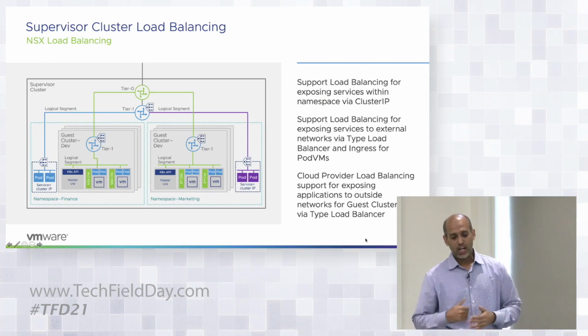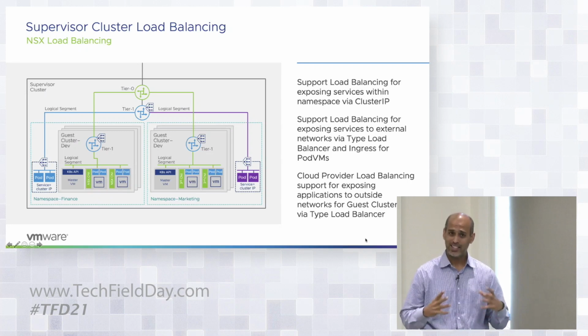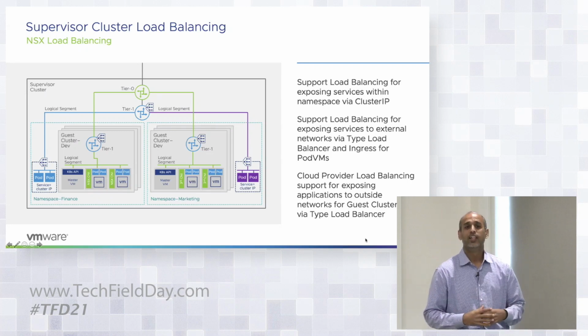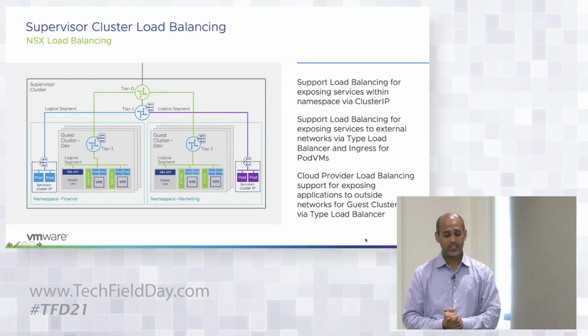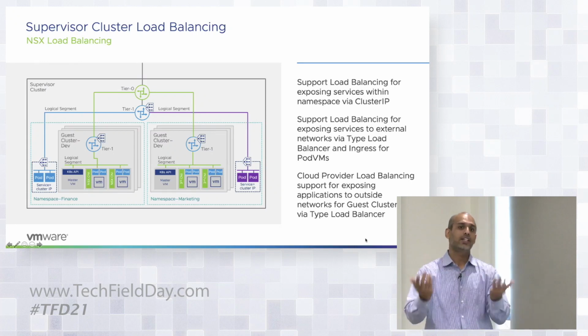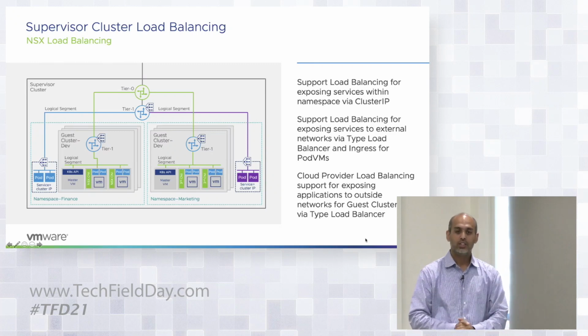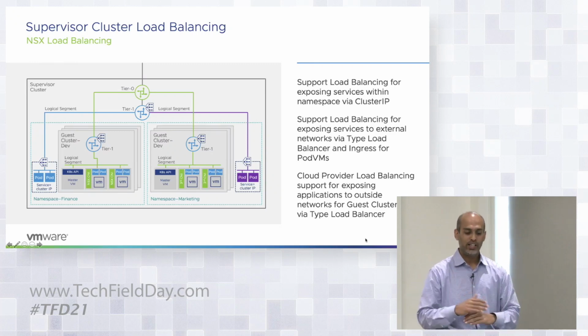And then for the Tanzu Kubernetes clusters or guest clusters, as the DevOps persona deploys their own third kind of workload, as I mentioned, the Tanzu Kubernetes clusters, the DevOps persona wants to expose some of those applications to outside this guest cluster, outside this TKC cluster. And again, it's two-layered here, right?